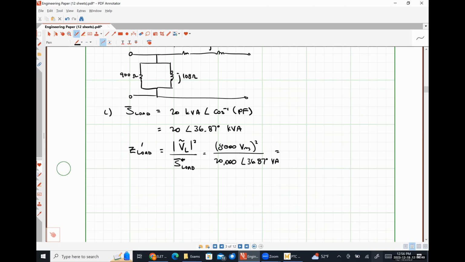So 8,000 squared divided by 20,000 with an angle of 36.87. Oops, it should have been negative 36.87. I forgot to conjugate things.